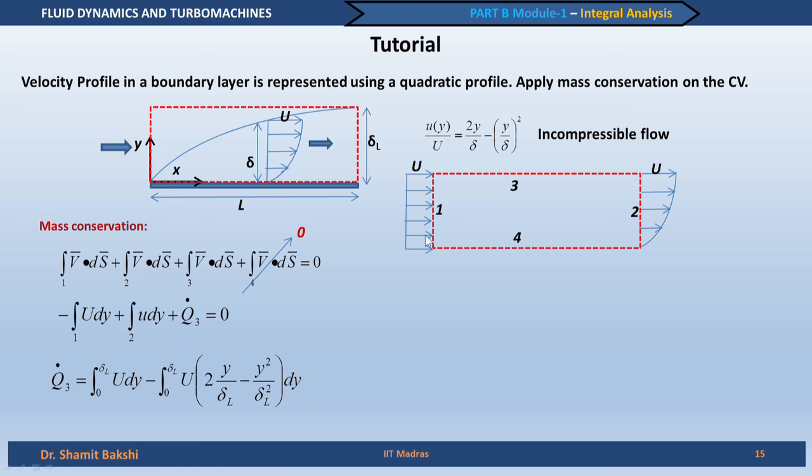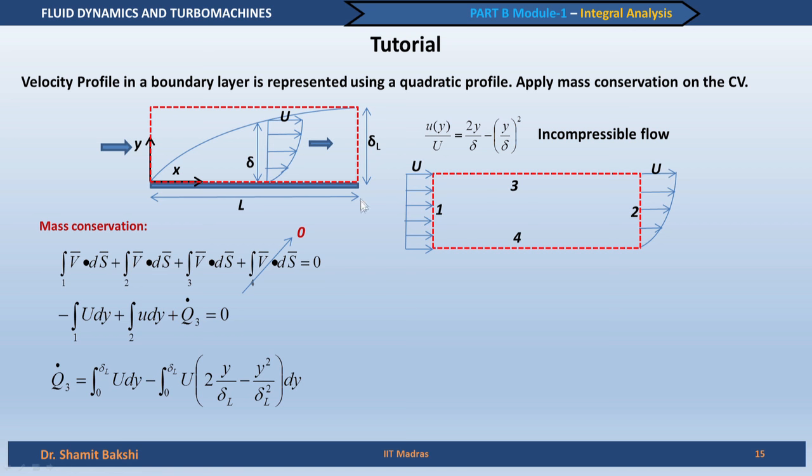Now, the integration is with respect to y. So, the limits of y are 0 to delta L. See, the way the control volume is taken is delta L. Delta is actually the boundary layer thickness at any x point. Delta L is the boundary layer thickness at the end of the plate.